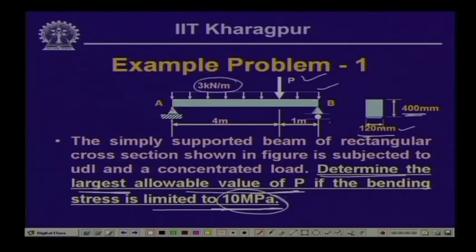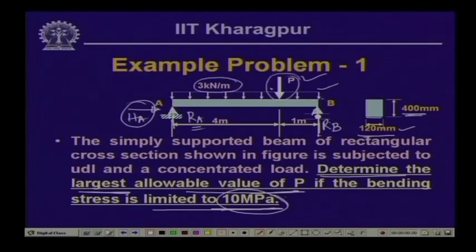As you know, at A we will have a vertical reaction R A, we will have a horizontal reaction H A because this is a hinge, and at the roller support we will have a vertical reaction R B, but since there are no horizontal forces H A will be equals to 0. So, we will have only R A and R B, and this particular example has uniformly distributed load over the entire span and a concentrated load P.